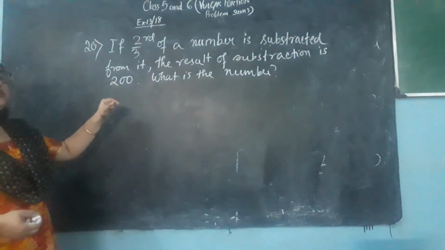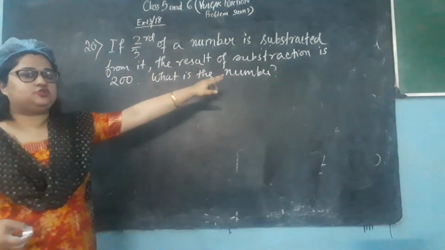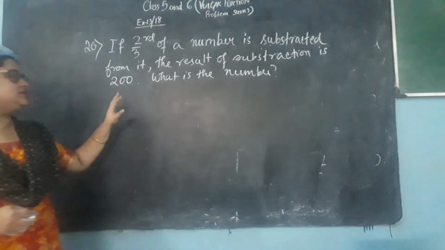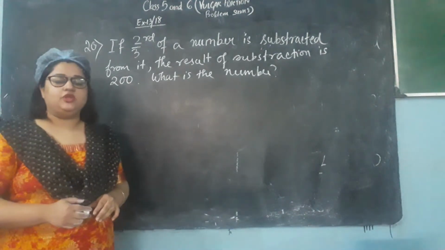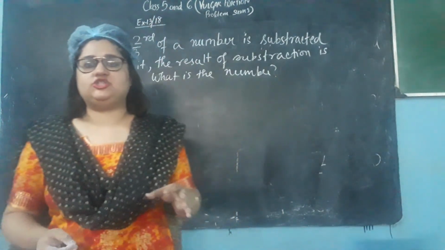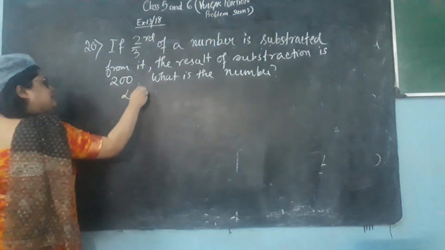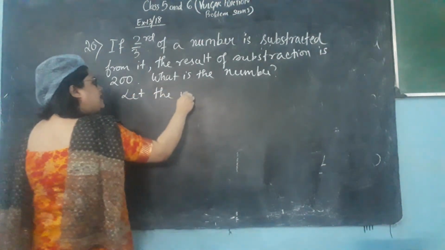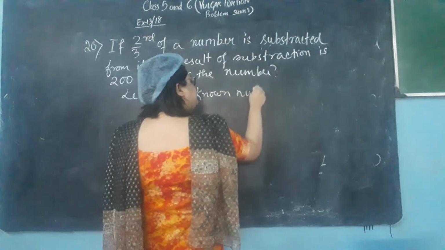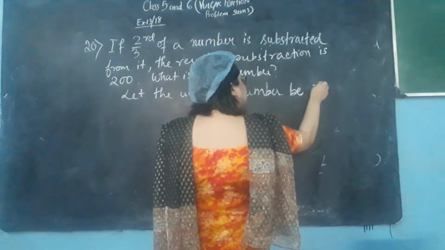So sum number 20, if 2/3 of a number is subtracted from it, the result of subtraction is 200. What is the number? In all these types of sum where you have to find the number which is not given, we always take it as x. So let the unknown number be x.